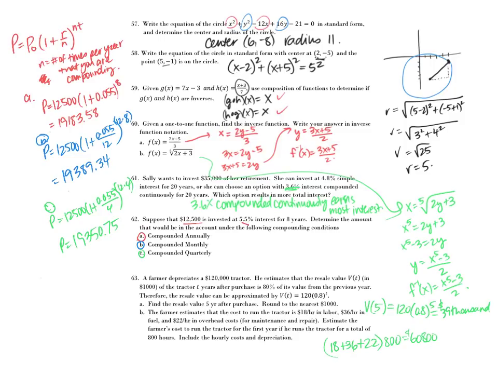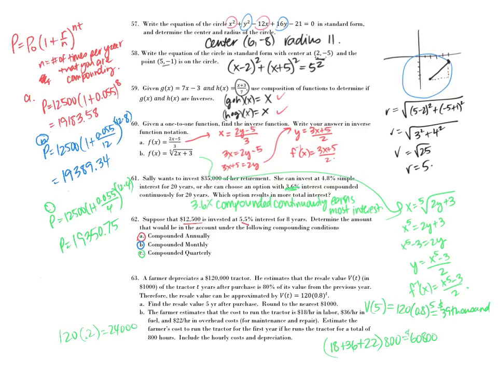So in 1 year, it's going to depreciate 20%. So 120,000 times 0.2, so he's losing 20%, is 24,000.